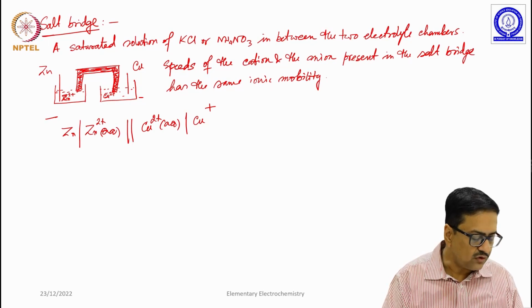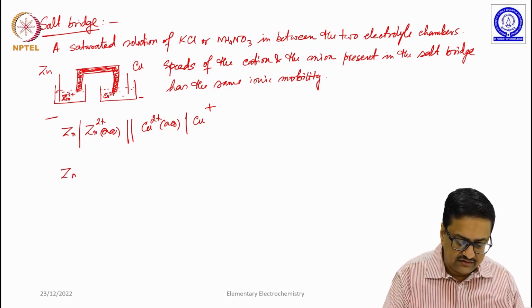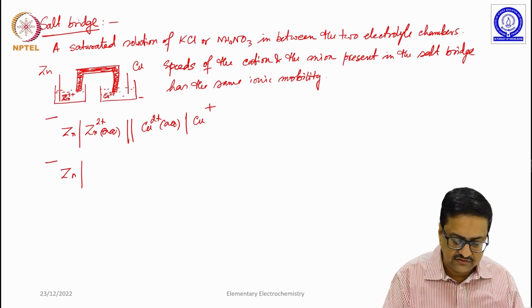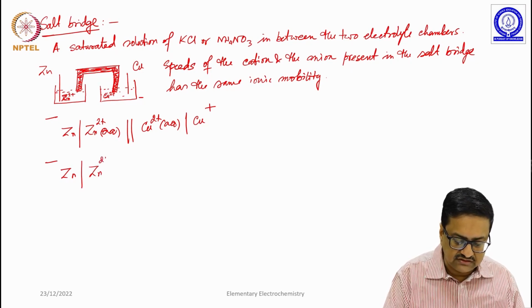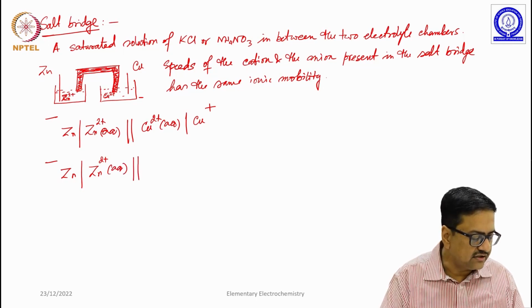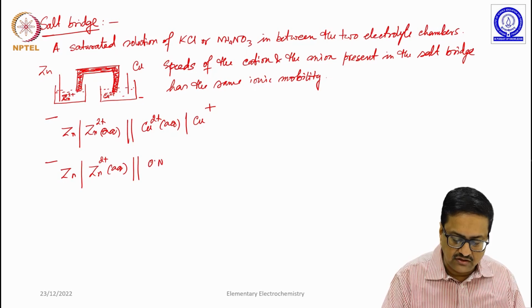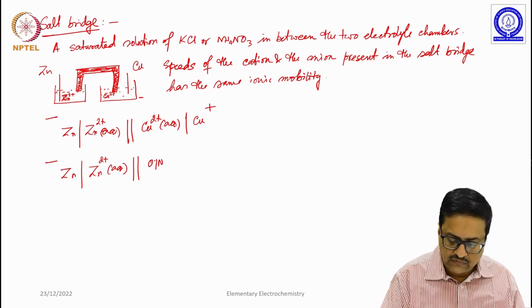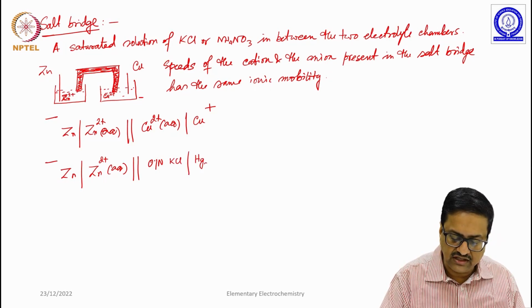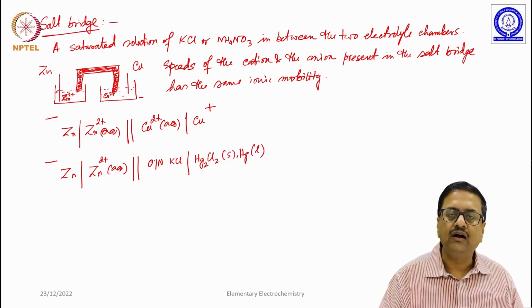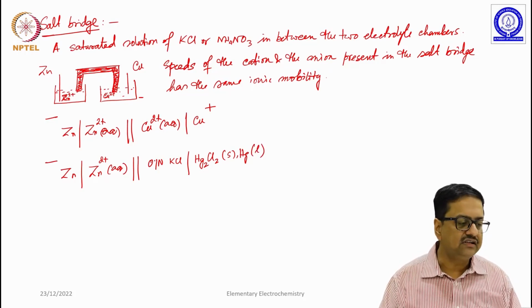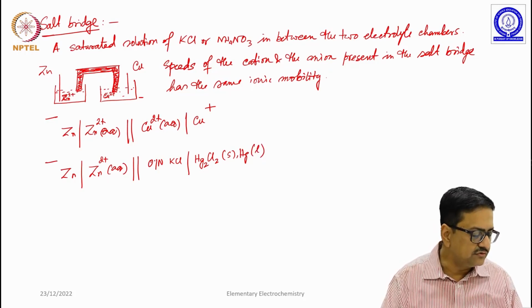Similarly, one can have Zn in equilibrium with Zn2+ in aqueous medium. Then on the other side, one can have 0.1 normal KCl solution, which is then in equilibrium with Hg2Cl2 solid and mercury liquid, which is the calomel electrode. Then again you have a salt bridge to eliminate the liquid junction potential that may develop between the two.